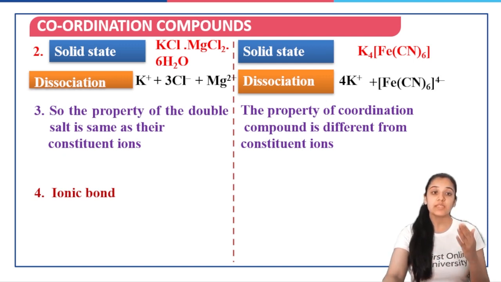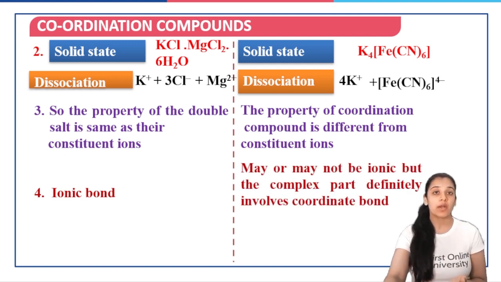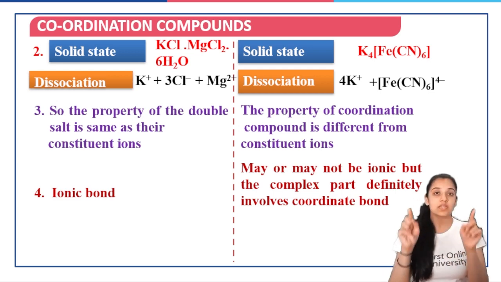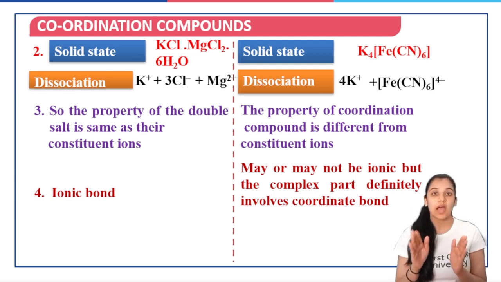Then in double salt, we have an ionic bond existing. That is why this bond breaks into corresponding ionic species in solution. But in case of coordination compounds, it may or may not be an ionic bond, but the complex part, that is the coordination sphere within the square brackets, will definitely involve coordinate bonds and not ionic bond.